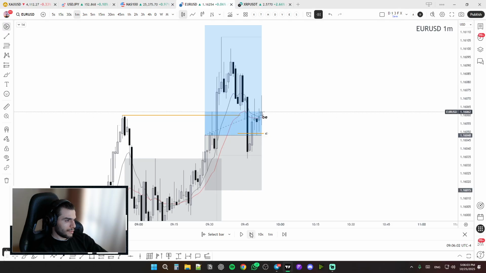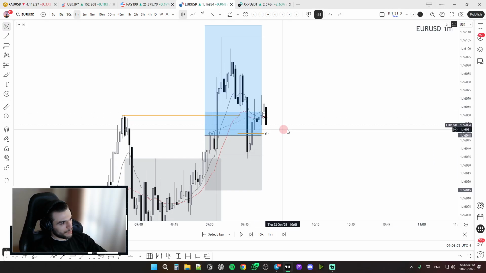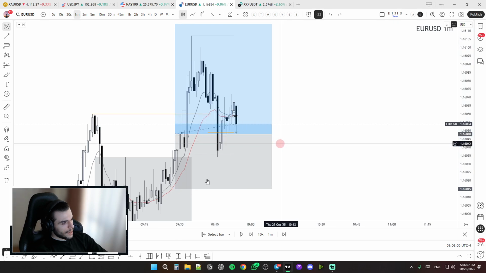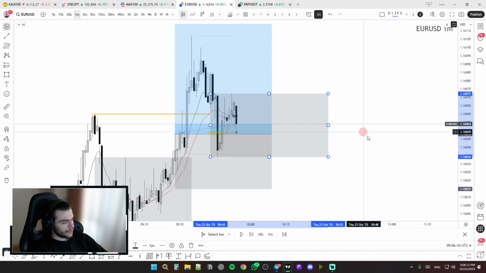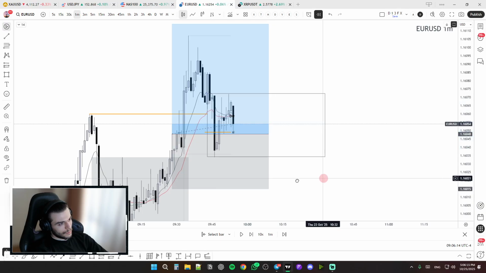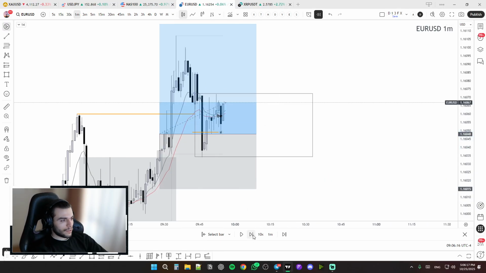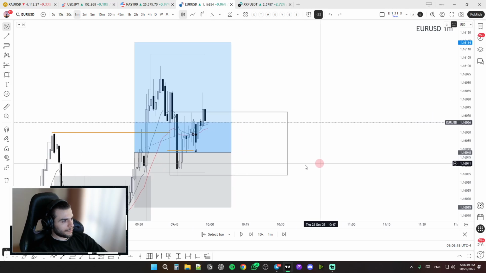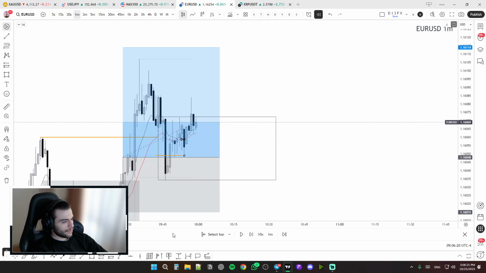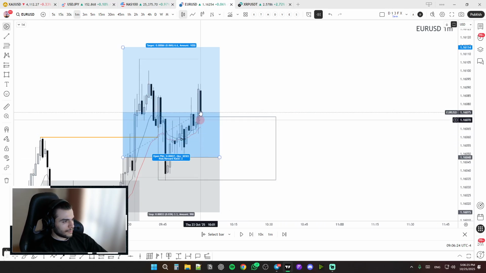Okay, it's moving, moving. Yeah, it's building some strength as I was expecting. It's doing an accumulation here. If I see a breakout from that box, I will be happy to take another entry. Okay, it's breaking out slowly, but I don't like how it's moving. It's too impulsive.